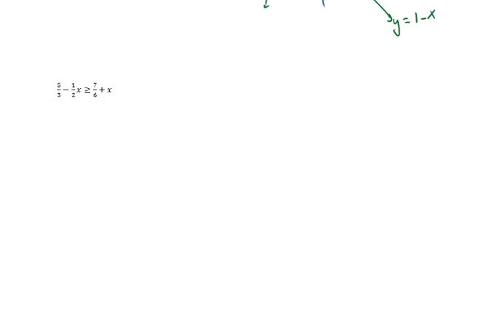The last example involves some fractions, so it would be nice to be able to avoid some of those fractions. But let's first of all get rid of them by multiplying everything by 6.